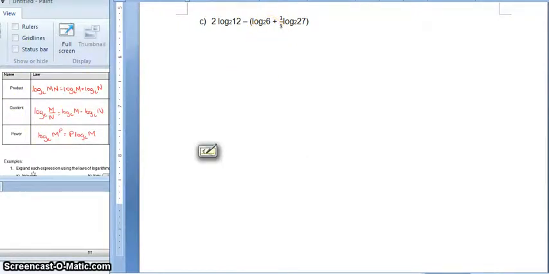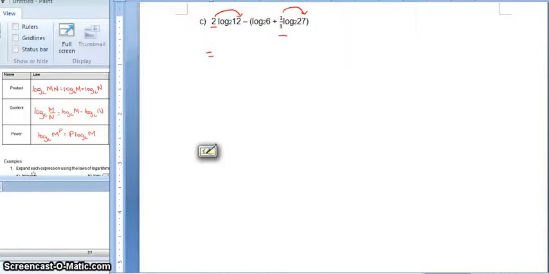So first of all, we already see some coefficients here. And so we're going to get rid of those first because we don't like to see that. That is, yikes, not so nice. All right. So what we're going to do here is rewrite using our power rule. So we know that this 2 here will become the exponent for 12, and this 1/3 will become the exponent for 27.